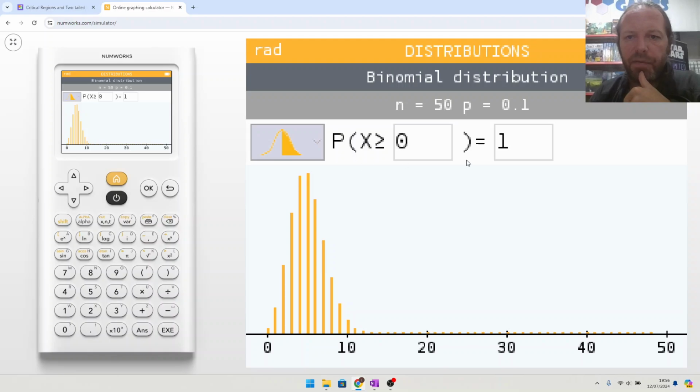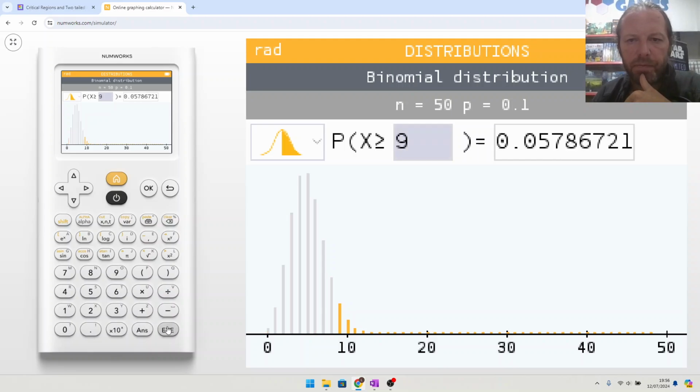And we need to find an upper bound that is as close as we can make it to the 2.5%. So looking at that, probably somewhere around 9-ish will be about right. 9 gives us 5.7%.